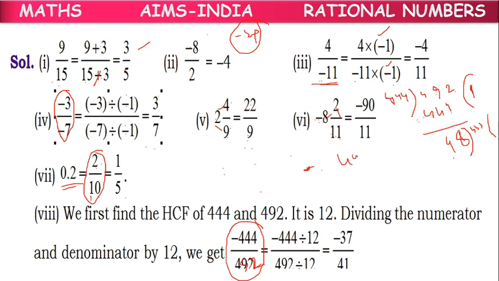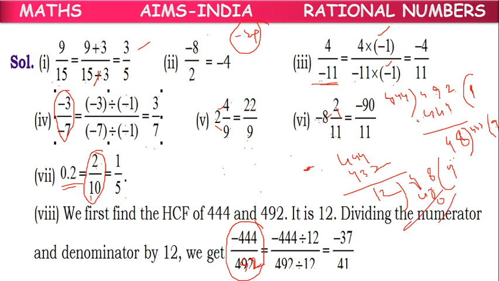Here we have 444. 48 9 times. 9 8 times 72. 7 is remaining. 9 4 times 36 plus 7, 43. 432. 12 is remaining. This 48 will come here. 12 4 times 48, 0.